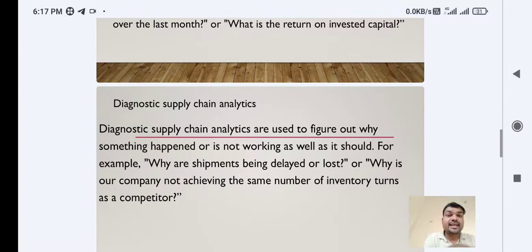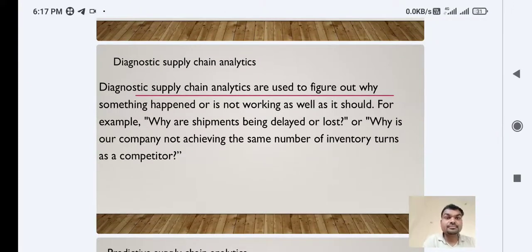The second one is diagnostic supply chain analytics. Diagnostic supply chain analytics are used to figure out why something happened or is not working as well as it should. In a supply chain, maintenance related activity is also involved.